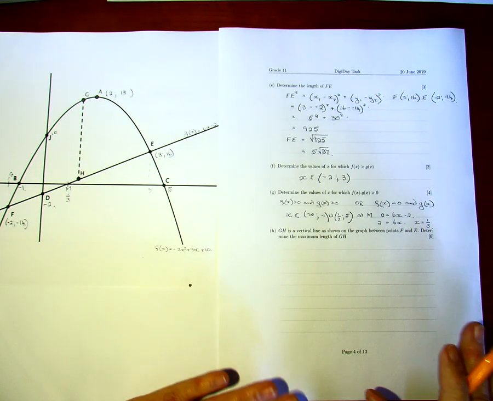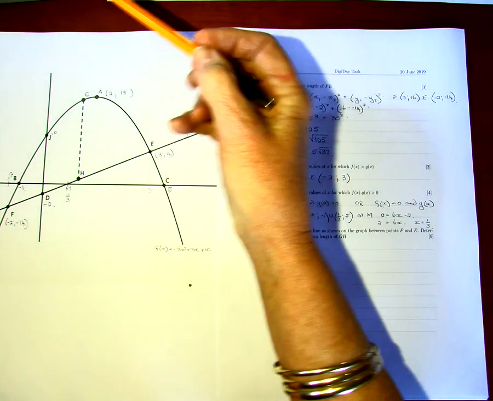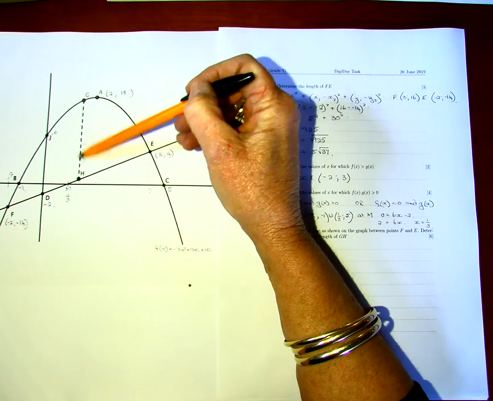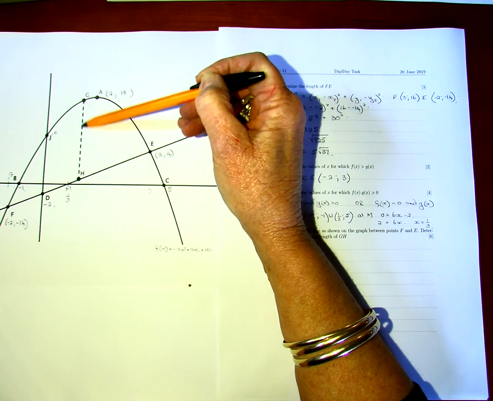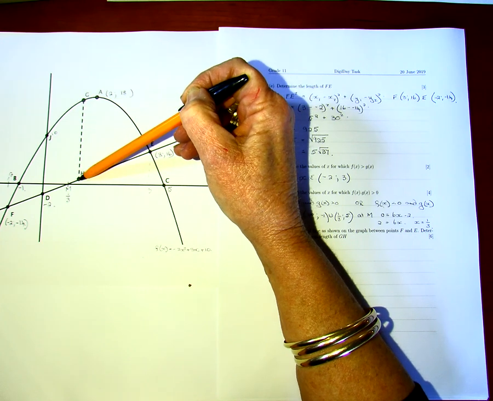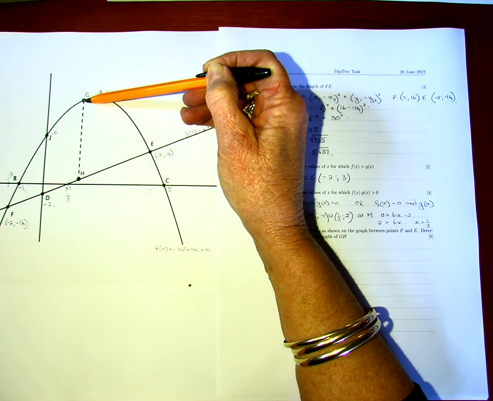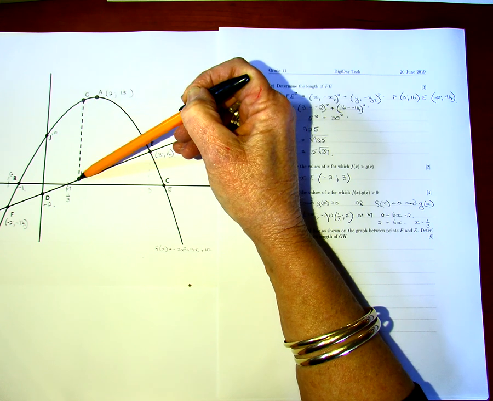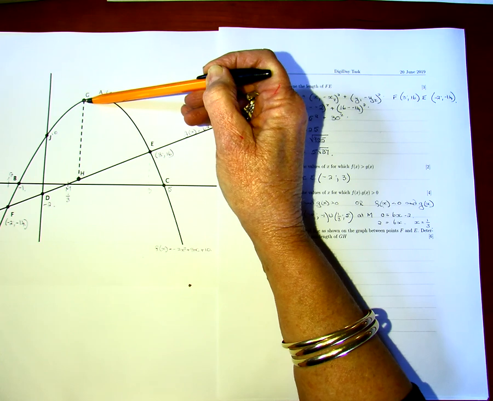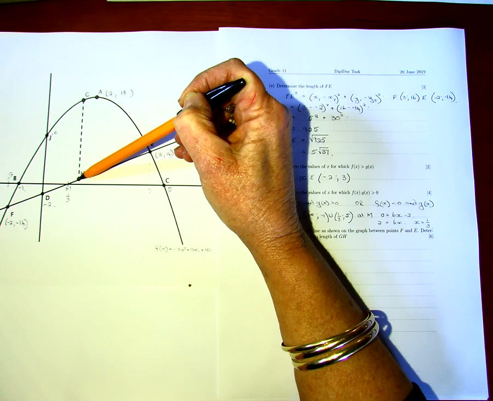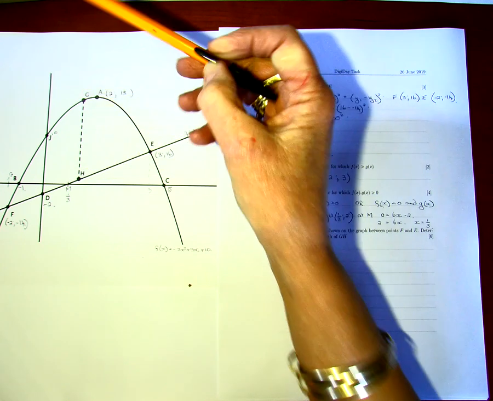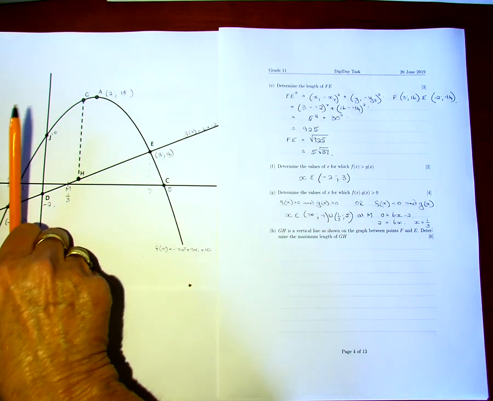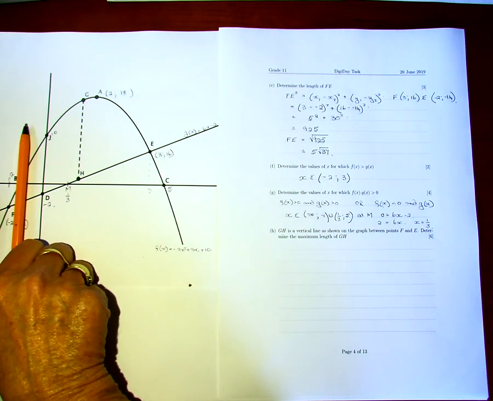The last question, H, is asking you to find the maximum possible length of GH. GH is a vertical line, so we have already established that when we are calculating the length of any vertical line, we take the top y value, which in this case is f of x, minus the bottom y value, which will be g of x. Notice that for different values of x, that vertical line changes in length.